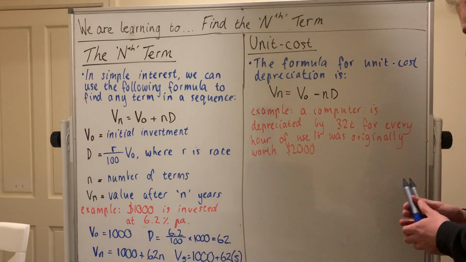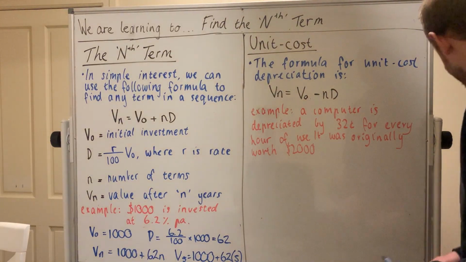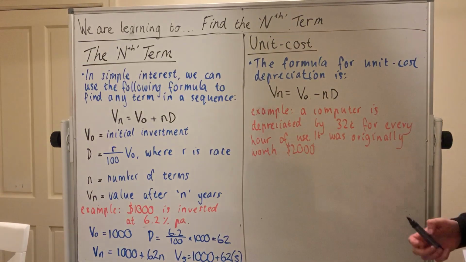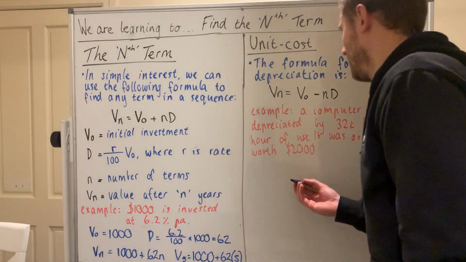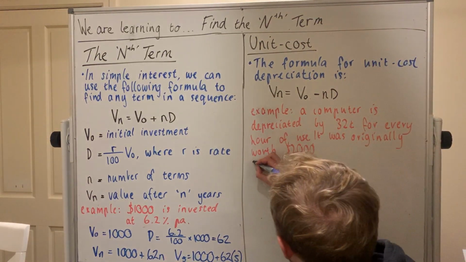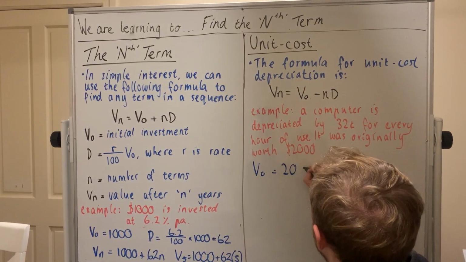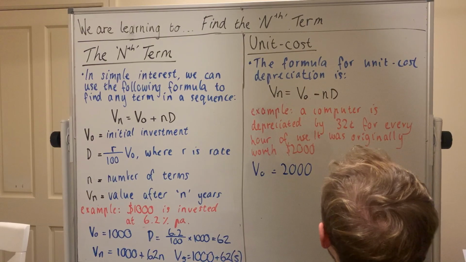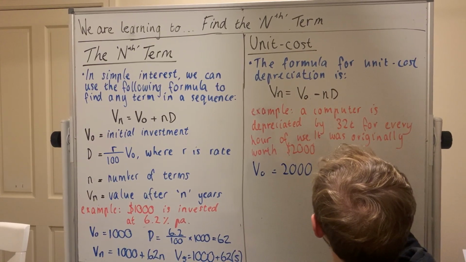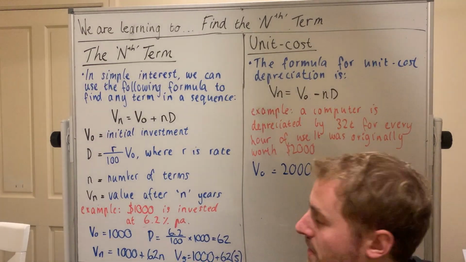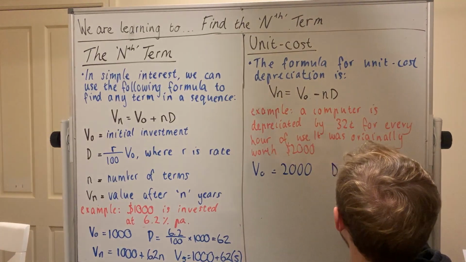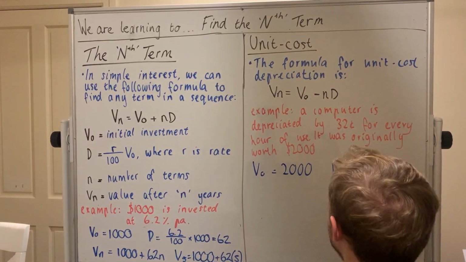It was originally worth $2,000. So what we're going to do is write out a recurrence relation to represent that. Alright, so V0, our initial value, pretty straightforward, 2,000. D in this case, don't write 32 because that would be $32, it's 0.32. That's what it's going down by.